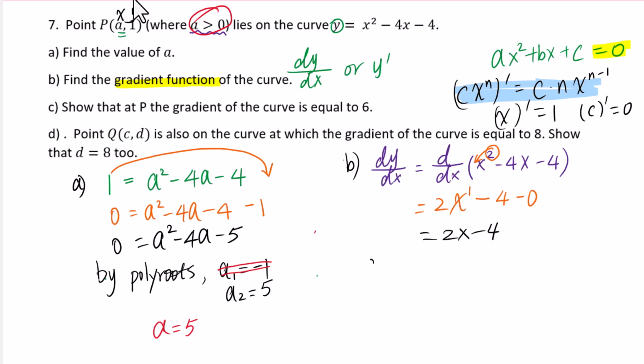Let's go to C. Show that at P, the gradient of the curve is equal to 6. Gradient of the curve means derivative. We know the coordinates of P. We already figured out 5, 1.